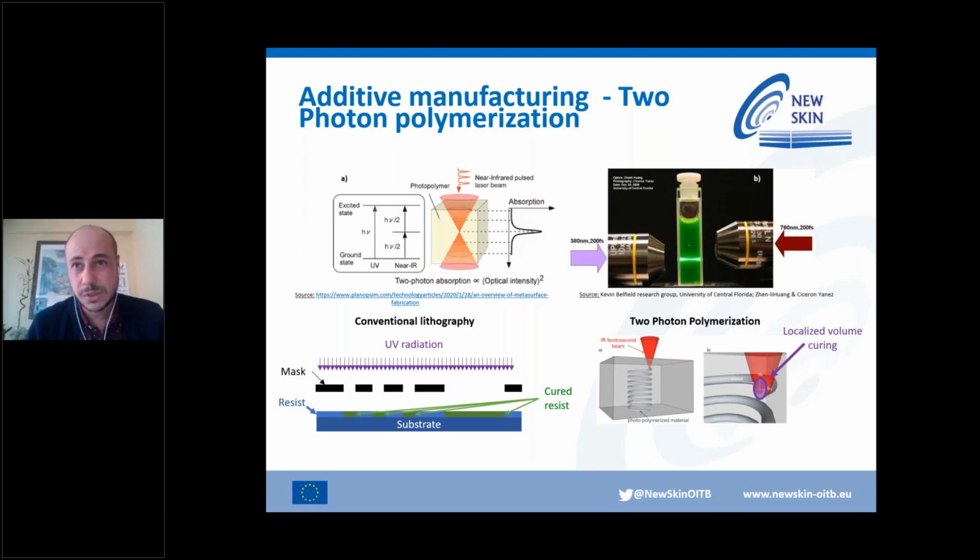So in order to use this technique that has the excellent advantage of producing 3D free forms inside the resist, you will have to use it in a way that the fabrication time can be reduced to make it not comparable, but at least competitive for some applications with respect to other techniques, such as, as I said, conventional lithography or nano-imprint lithography, or some other techniques like molding, for example.